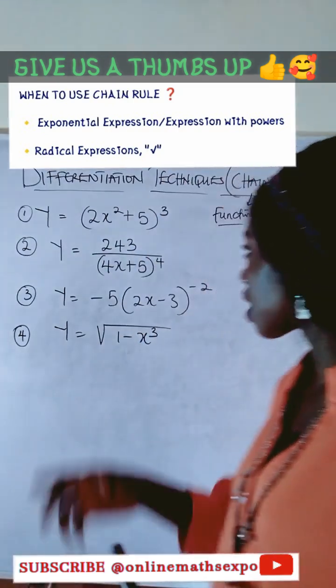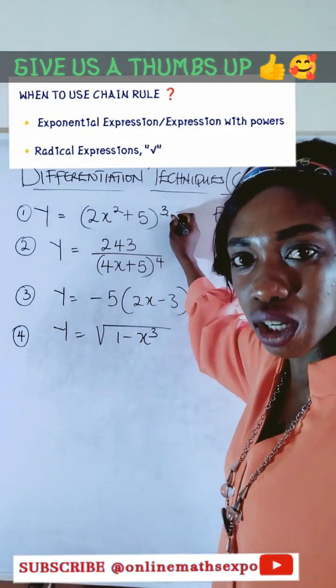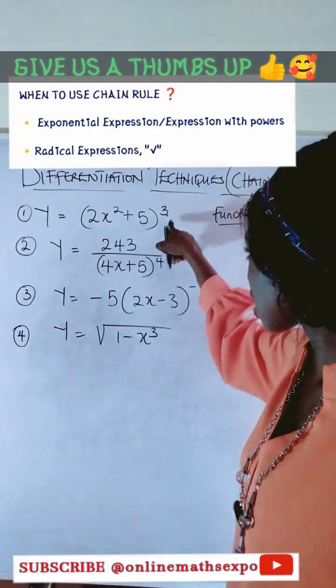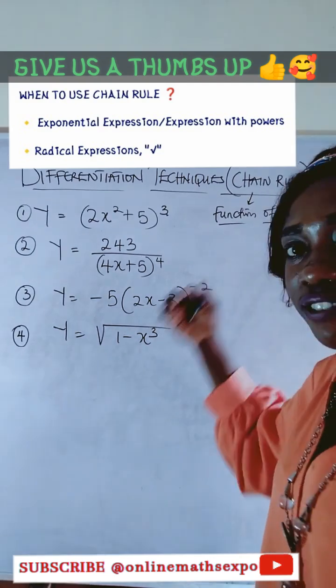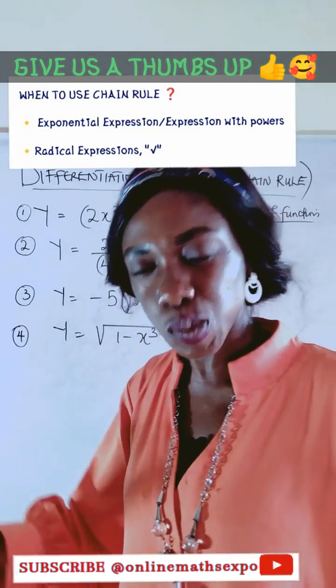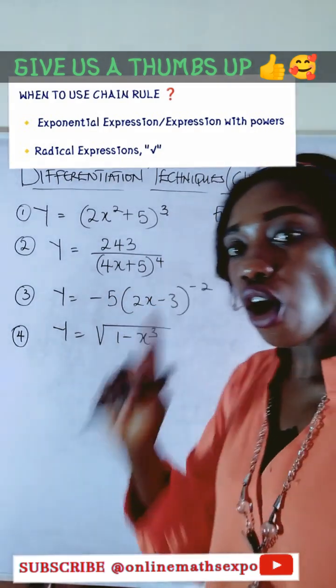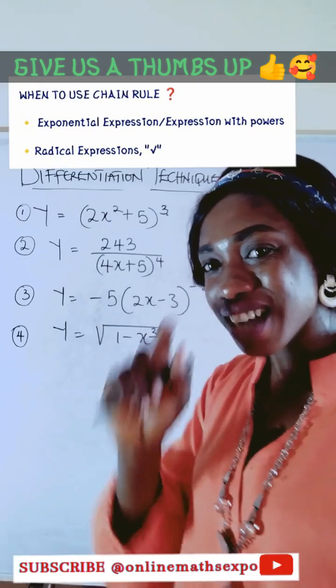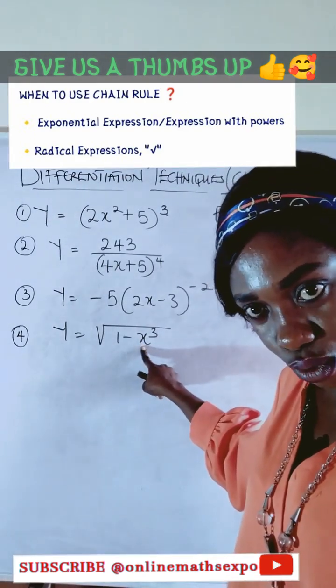One is if the expression is in an exponent, an exponential expression, just like what you have here. So whenever an expression is in its exponent, you make use of chain rule. Also, when that expression is in radicals, use your chain rule.